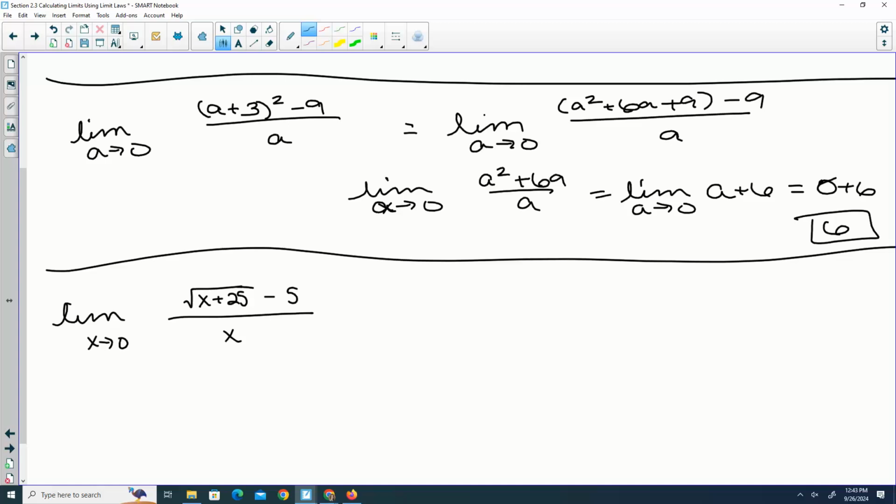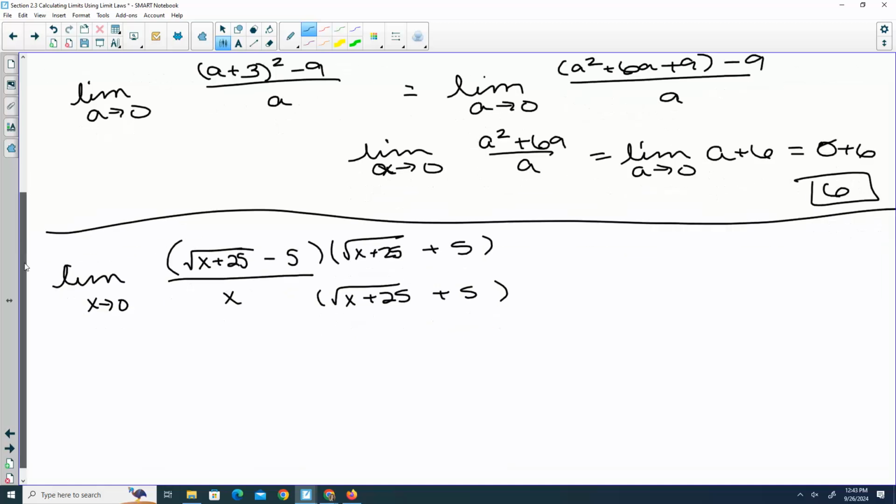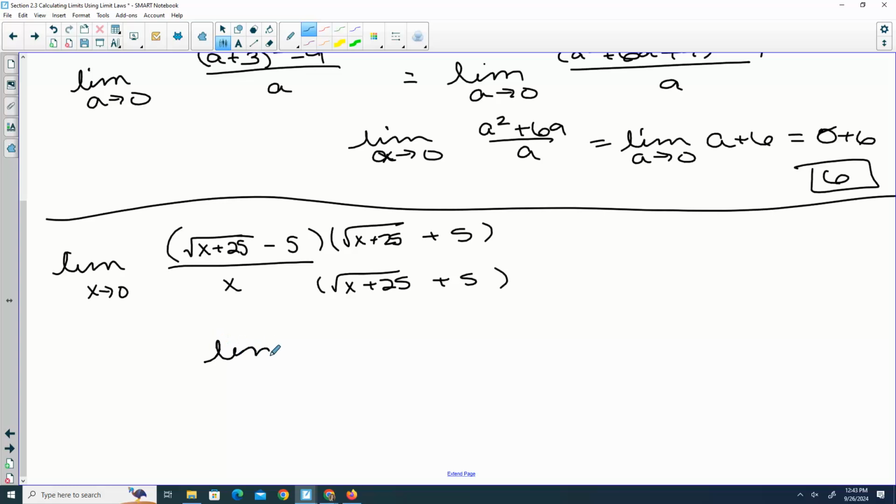Okay. So can I just plug in my 0? No. So what was the strategy with a radical problem? Conjugate. Conjugate, but don't factor. Right. So on the top, if I FOIL, the square root of x plus 25 times the square root of x plus 25 would be x plus 25. Because they're conjugates, outside and inside cancel. Minus 5 times 5 is 25.